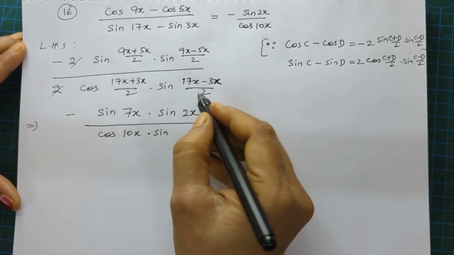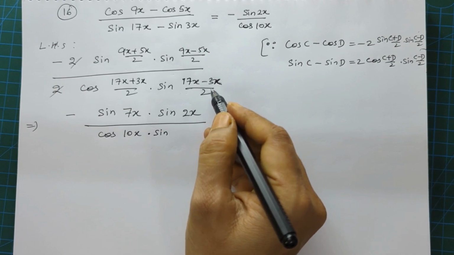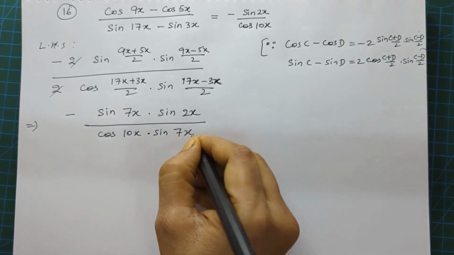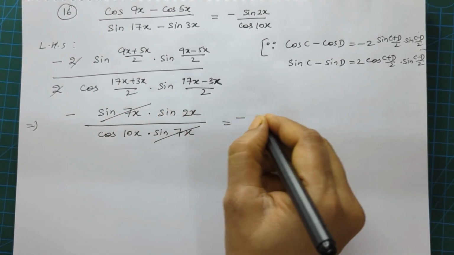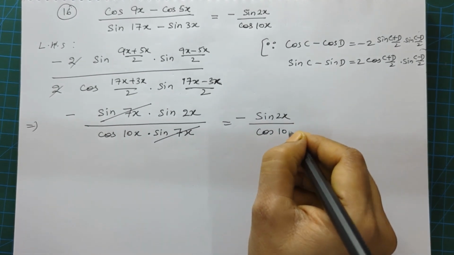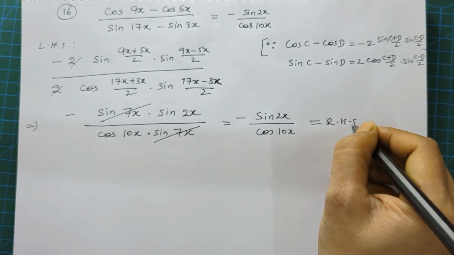Sin 17 minus 3x is 14x, by 2 is 7x. See if we have any cancellation. Yes. Then what we are left with is negative sin 2x by cos 10x, which happens to be the right hand side, and hence the identity is proved.